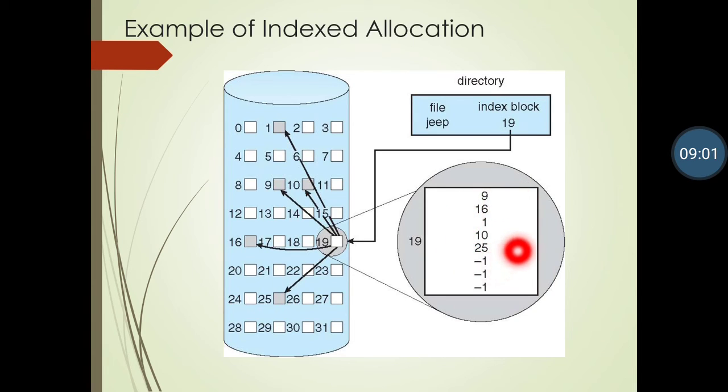So which are the file's data blocks? 9, 16, 1, 10, 25. So these are the 5 blocks containing data for the file G. These 5 block addresses are stored within block 19. Block 19 contains pointers to these 5 blocks.